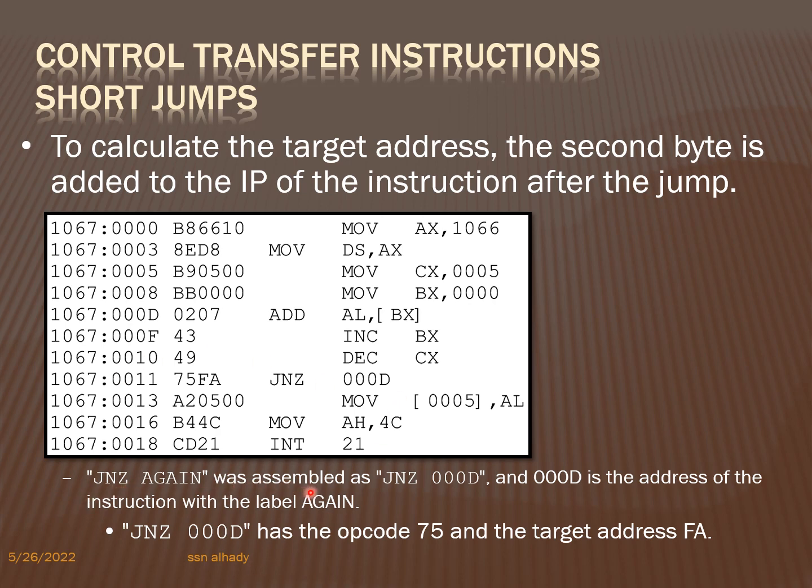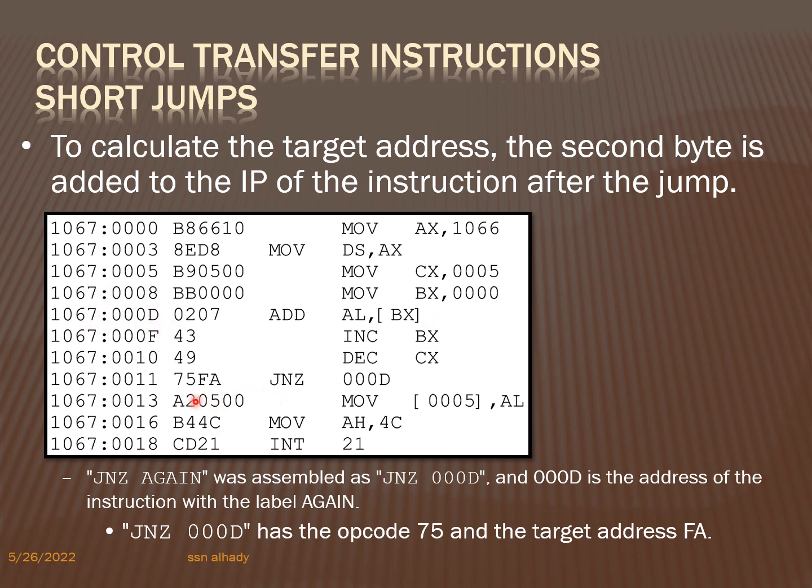Jump non-zero was assembled as JNZ 000D, and 000D is the address of the instruction with the label again. If you want to look back, you refer to the previous example, where jump non-zero has the opcode of 75 and the target address of FA.